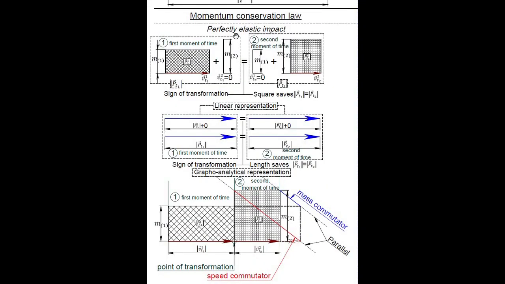The first example is a perfectly elastic impact. One mass m1 has velocity vector v1. The lower index t is the index of the moment of time. In the picture it is the number in a circle. The second mass m2 has a zero velocity vector, v2 equals 0.